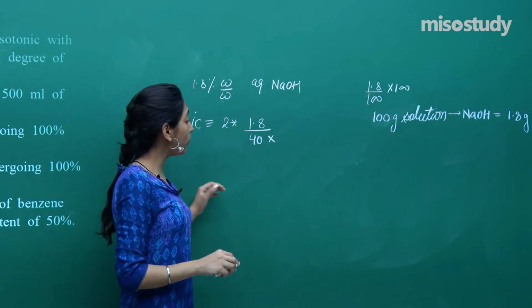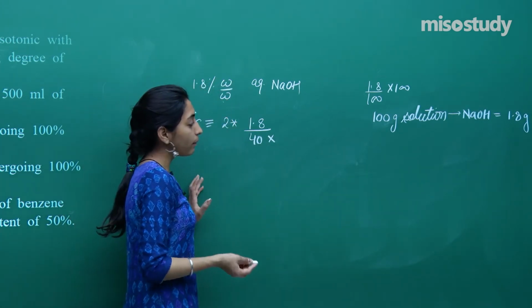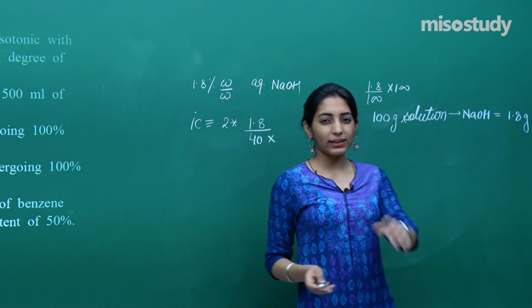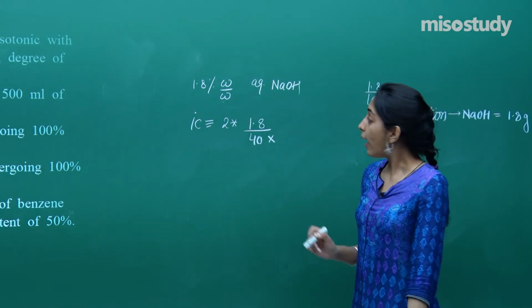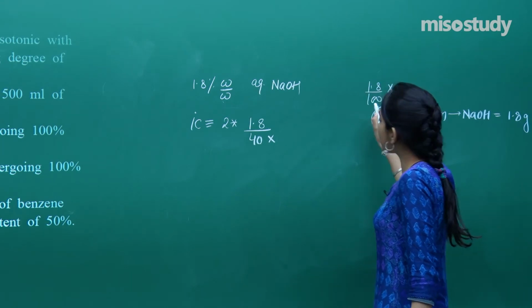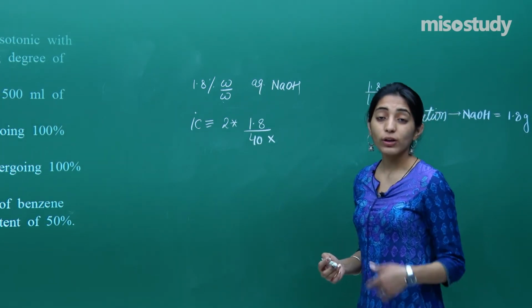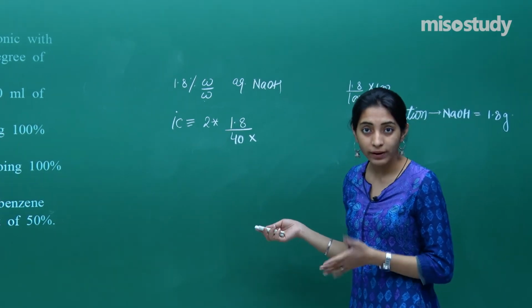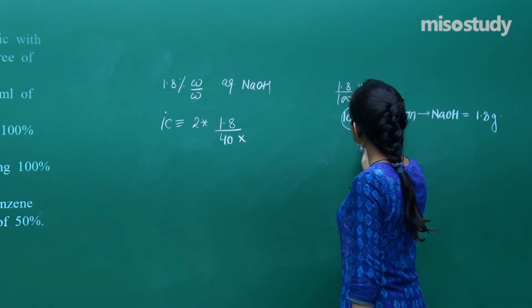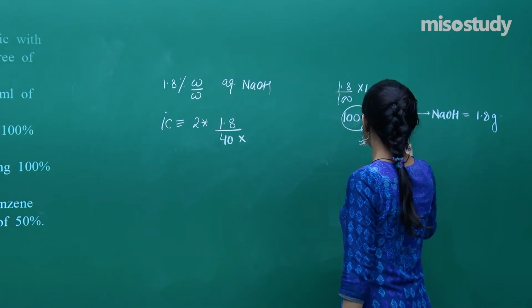When doing the volume of solution in liter, there is one simple tricky thing. The volume of solution is not given. However, you are given that 100 grams of solution is there. If you had been given the density, first you would have calculated the volume. But if it is not given, let us just assume it to be 100 ml.